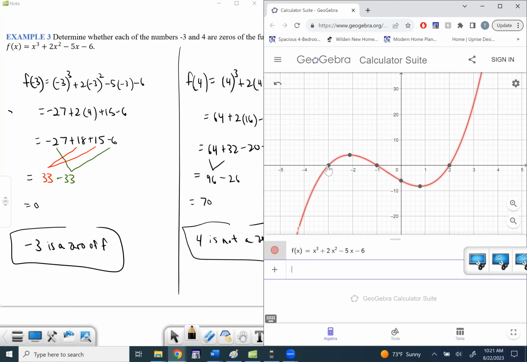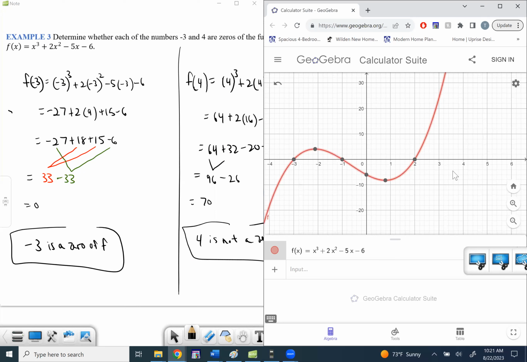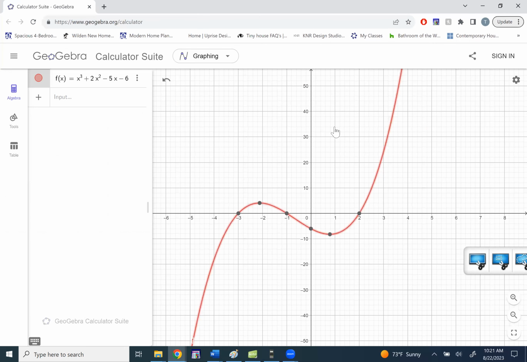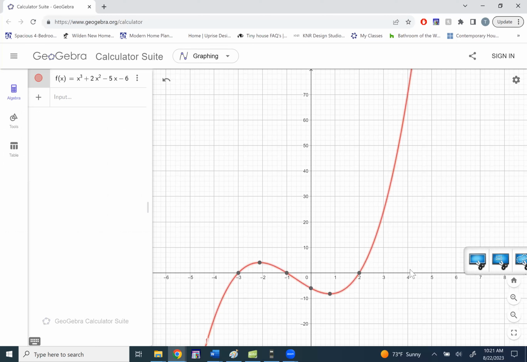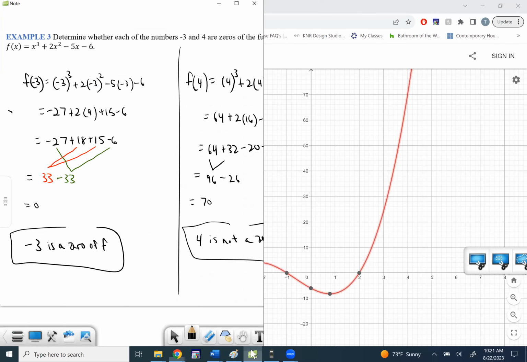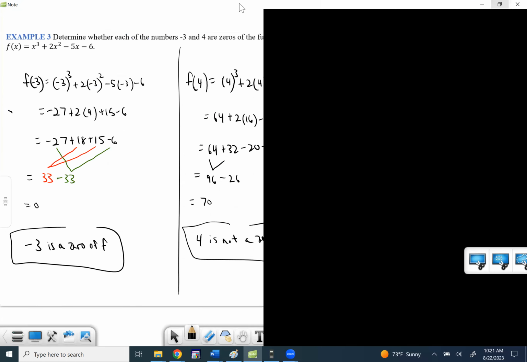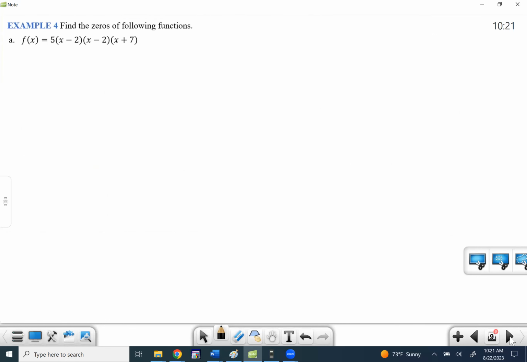So you can see that -3 is a 0, right? It's an x-intercept. But when you come over here to 4, it does not cross at 4. And that's why we got 70. When x is 4, y is all the way up here at 70. So it's definitely not a 0. All right. It's always good when it matches the picture.